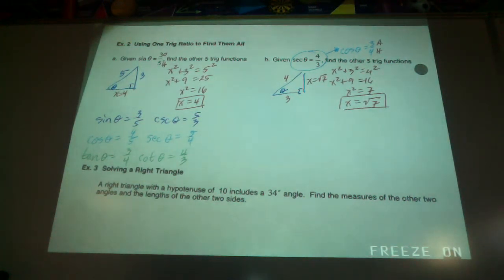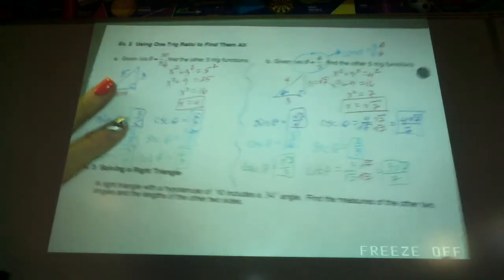Share your answers with those around you to see if you agree. So here are your ratios.